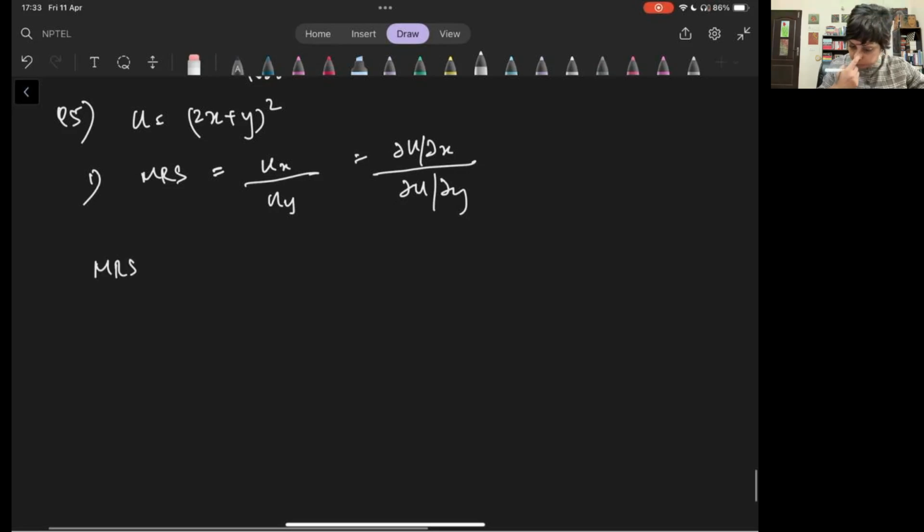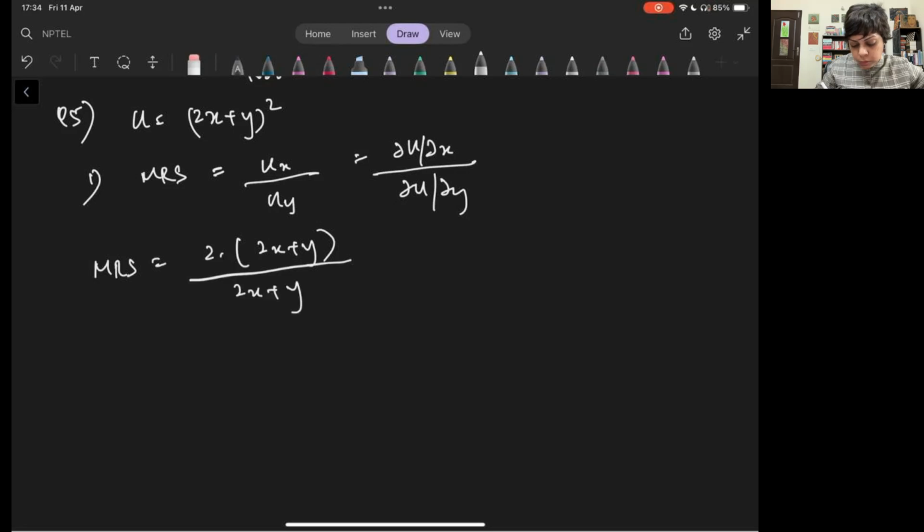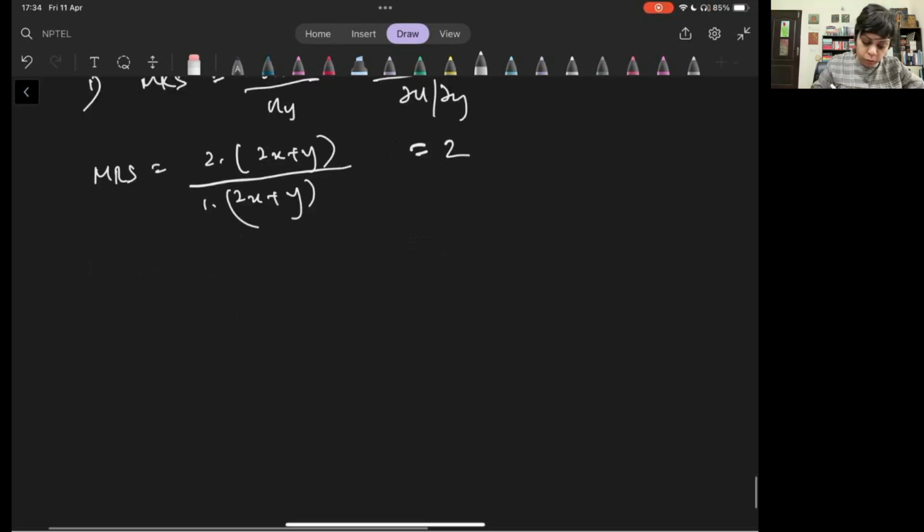Del u by del x is nothing but 2 into (2x plus y), taking the partial derivative with respect to x. And del u by del y is nothing but 2x plus y, since the coefficient is 1. So this is equal to 2. MRS is pretty straightforward. It's equal to 2.